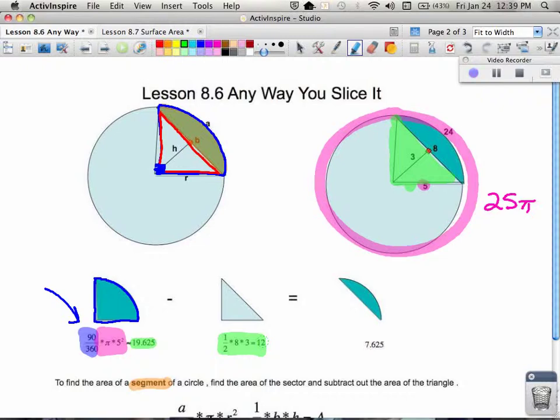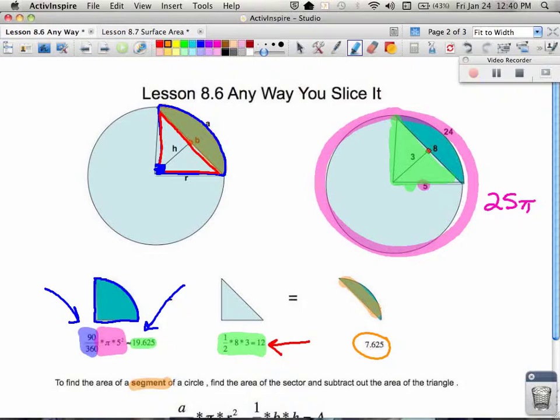So I take my 19.625, which was the area of my sector, I subtract out the 12, which was the area of my triangle, and left over in the end will be the area of my segment, or in other words, that orange highlighted slice from before.